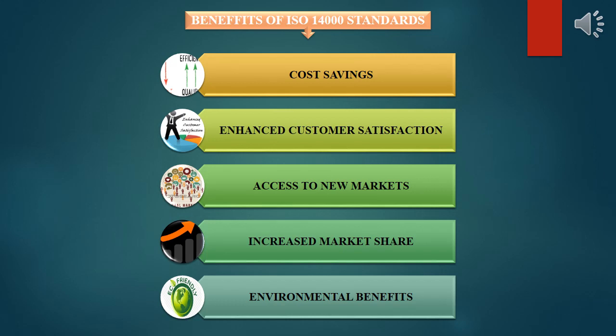What are the benefits of ISO 14000 standards? ISO 14000 standards support cost savings. Then it helps in enhanced customer satisfaction and it improves access to new markets. It also improves increased market share and it benefits environmental systems.